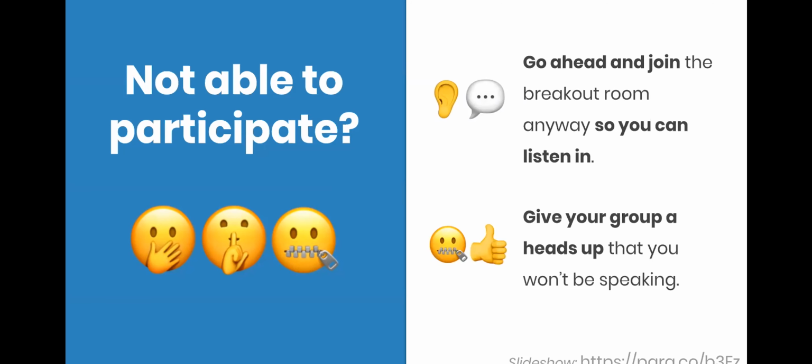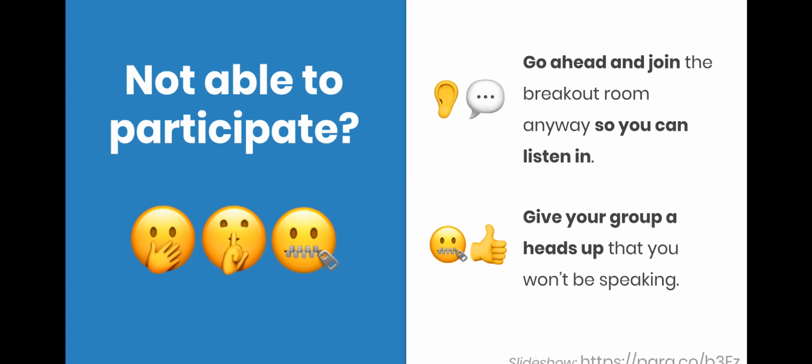But you need to give your group a heads up that you won't be speaking, otherwise they really won't know what's going on. They might just think you're thinking for a long time.